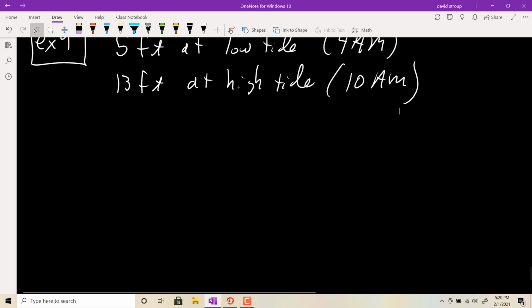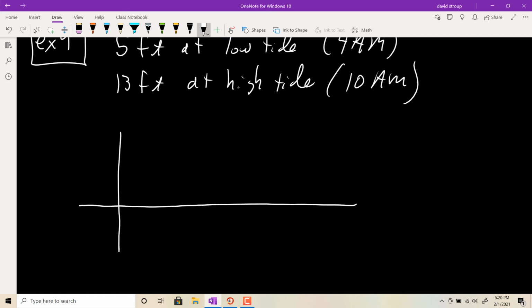They give you a graph, and let me try to draw that. So I need to go up to 13. On the y-axis, 5 is important, 7 is important as well, and 13 is important.